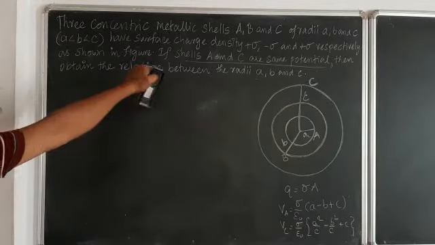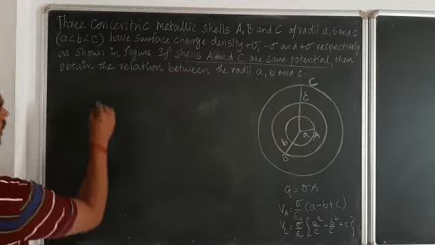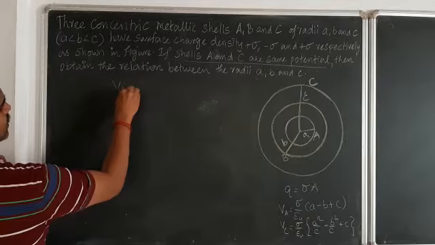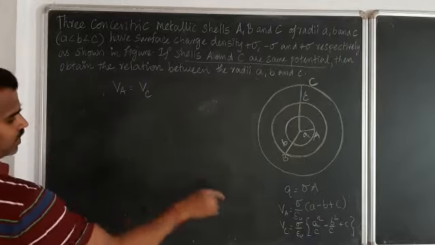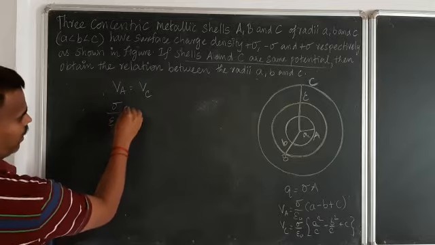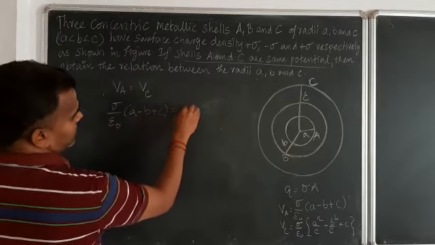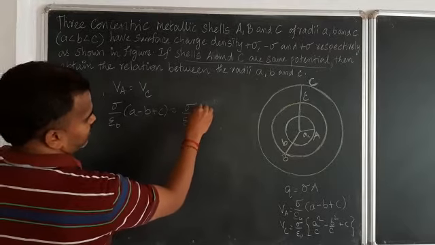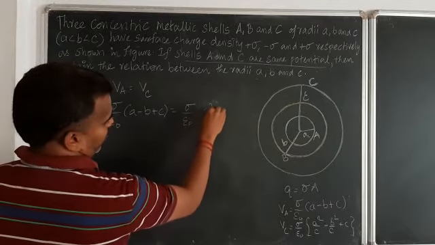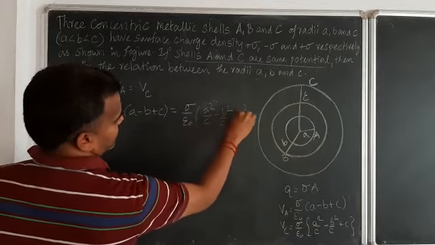Now what they have given is that the potentials of A and C are equal. So we should equate these two equations, right? VA is equal to VC as given. We found the value of VA: VA is equal to sigma by epsilon naught times (A minus B plus C) is equal to sigma by epsilon naught times (A square by C minus B square by C plus C).